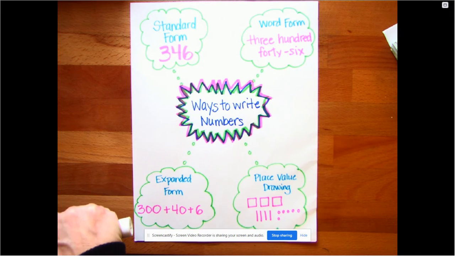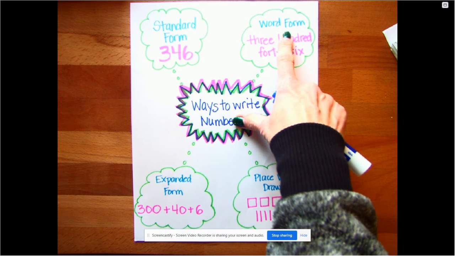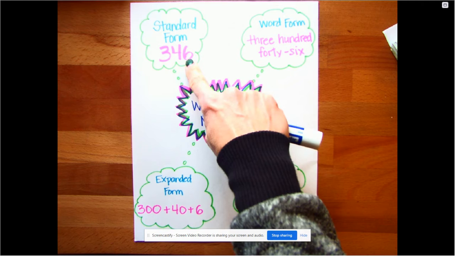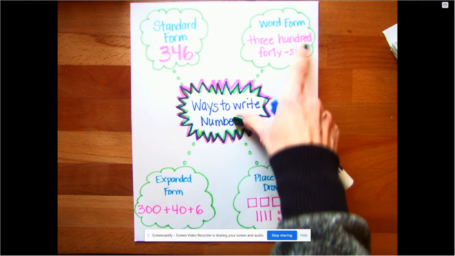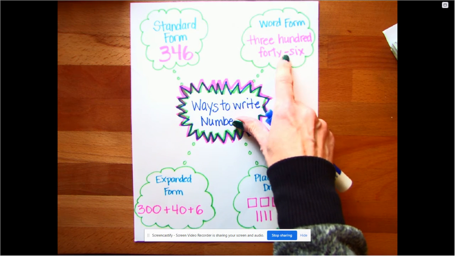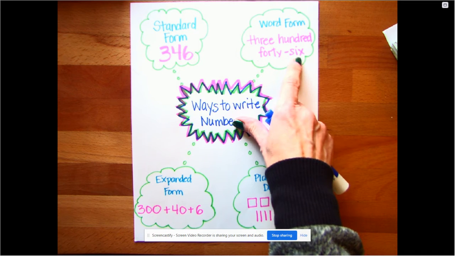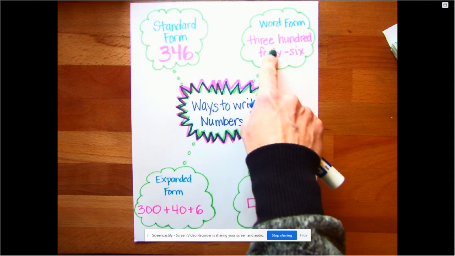It's called standard form. Sometimes we actually use words to write out a number. So here's 346. Here it is in words. 346. We always put a hyphen, that's that little dash in between, when we separate our tens and our ones. Okay, 46.